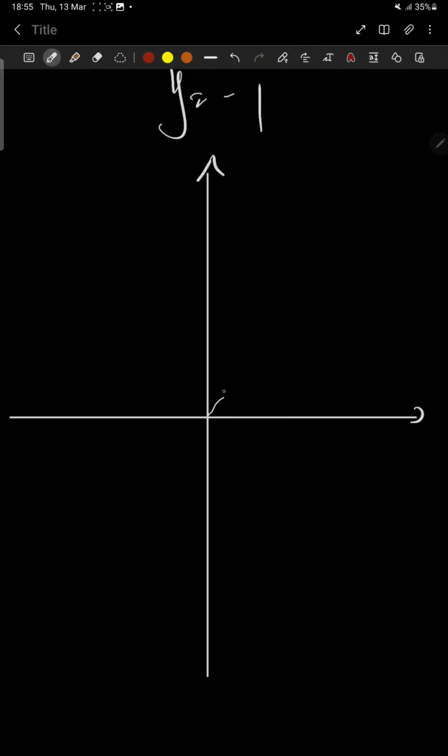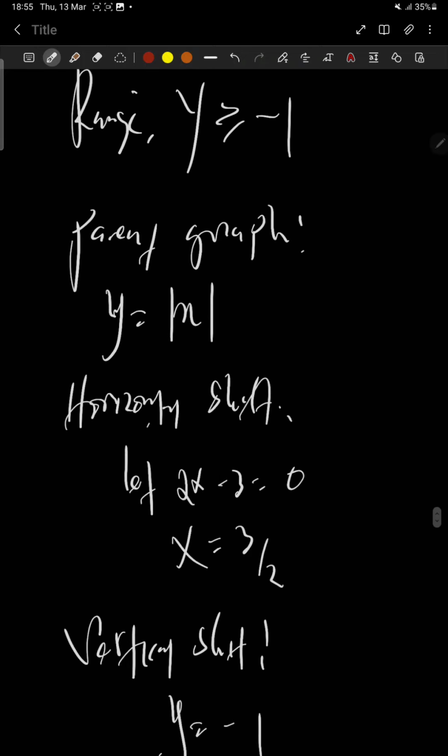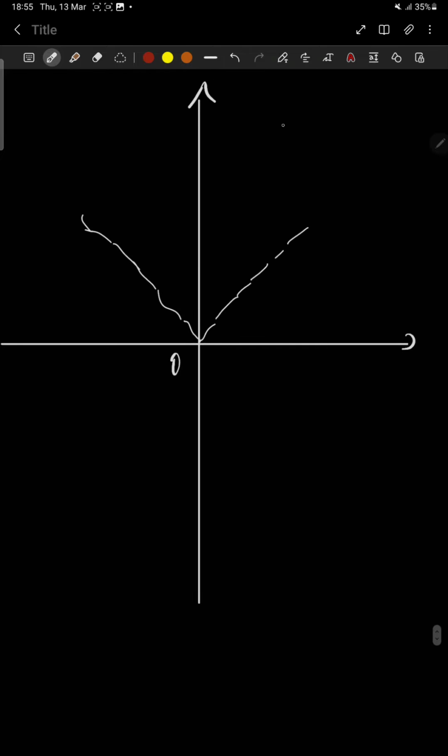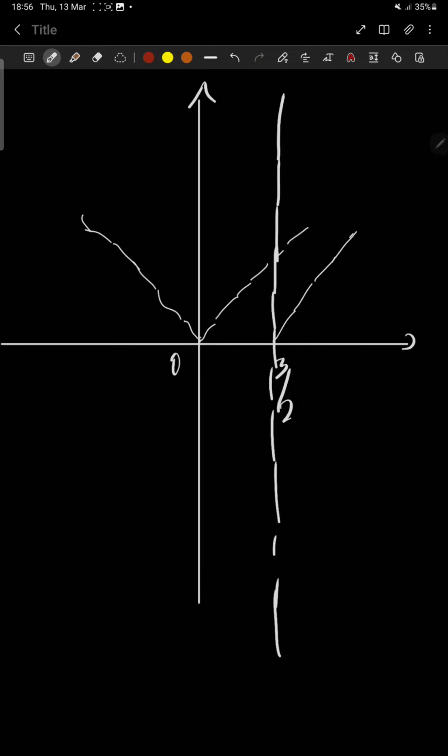Our first thing is a modulus, which is that straight line, and it starts from 0. Then we go to 3/2, which is 1.5. You can mark 1.5 here, so instead of starting from here, you start from there.